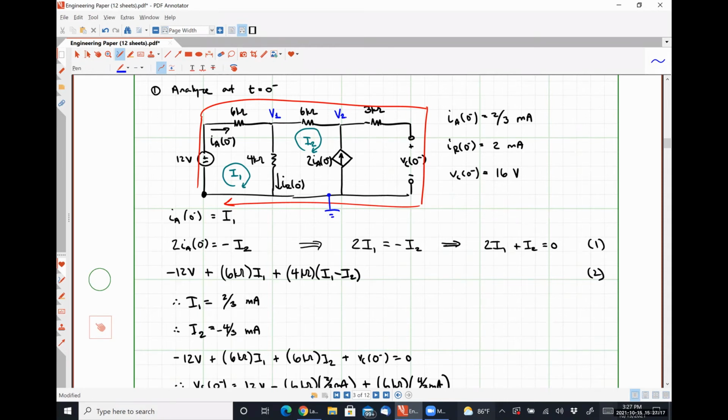If I can solve for those two quantities, IA is just 12 minus VA over 6 kilo ohms. IR is just V1 over 4 kilo ohms. And VC at 0 minus is just V2.